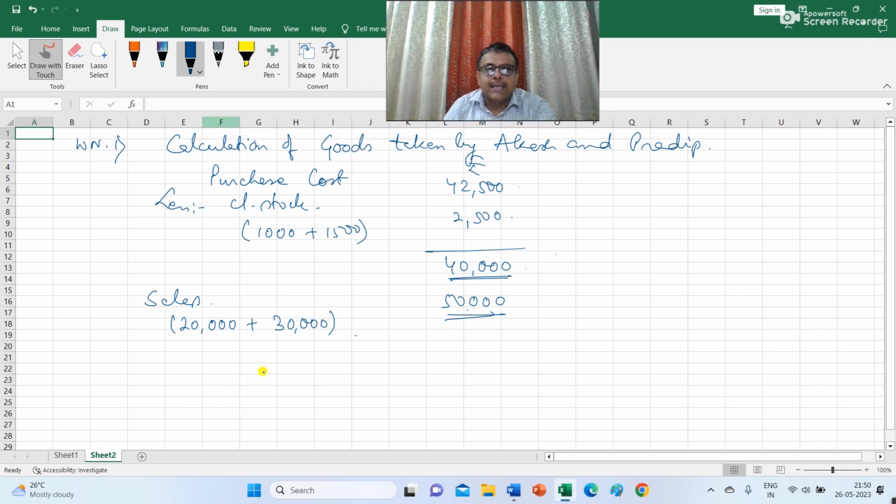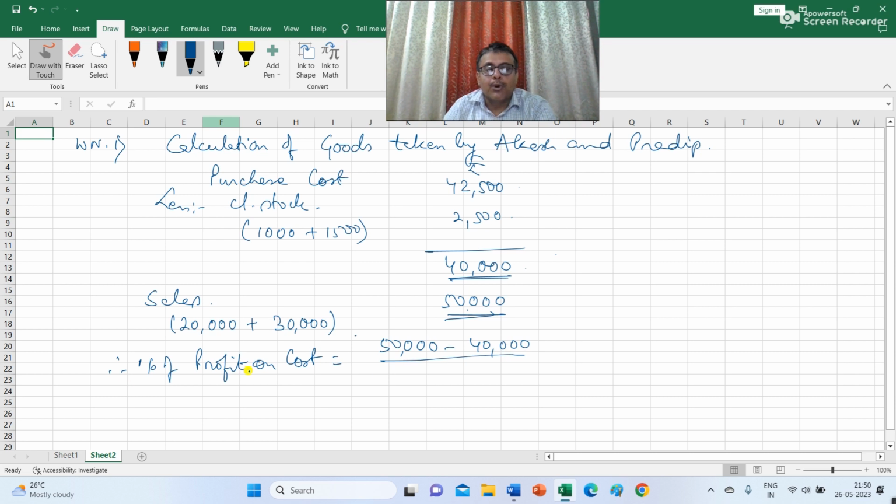So here you can calculate the percentage of profit made on cost. Therefore the percentage of profit on cost. So what is the profit? The difference of the sales price and the cost price, so 50,000 minus 40,000.